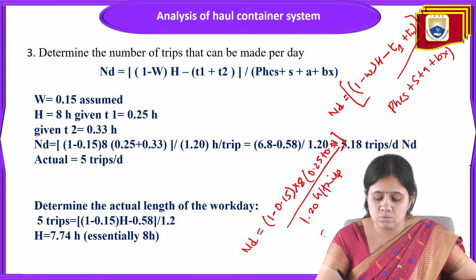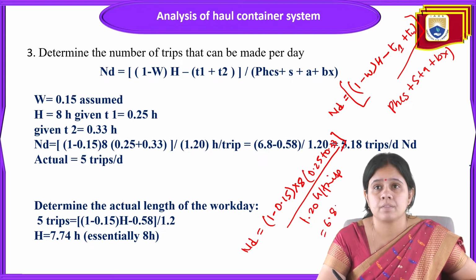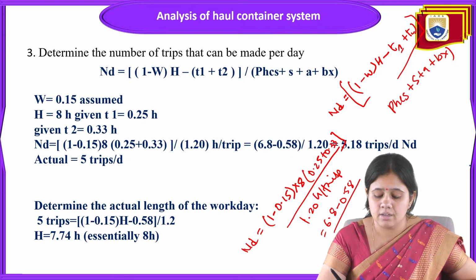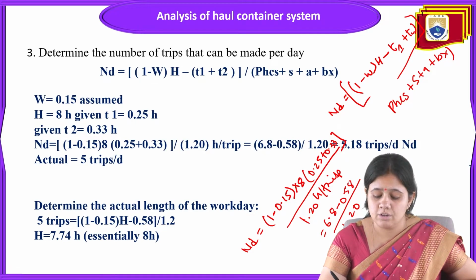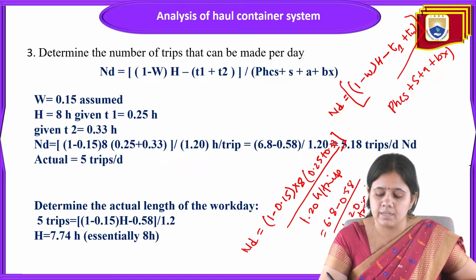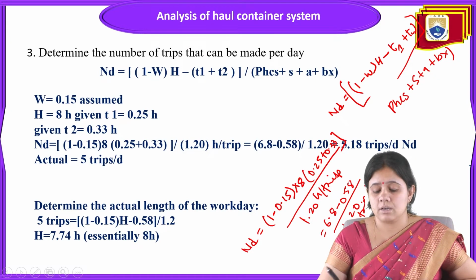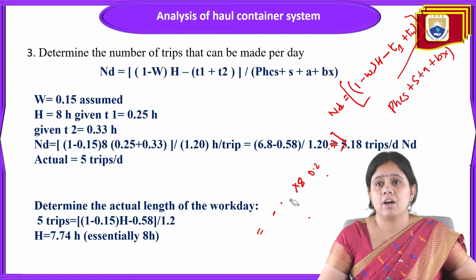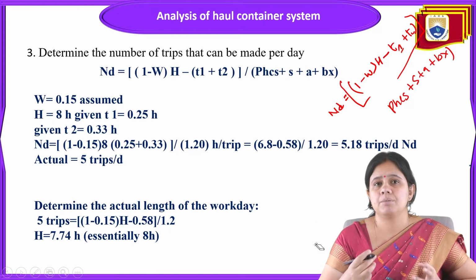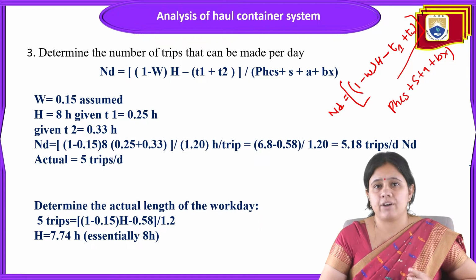So it is equal to 6.8 minus 0.58 divided by 1.20, which is equal to 5.18 trips per day. So in 8 hours of duration, the whole trip count will be 5.18. So actually 5 trips per day.